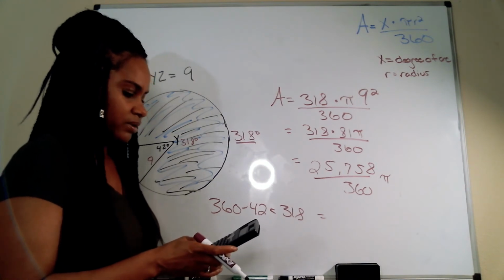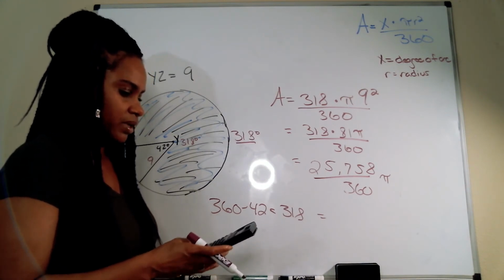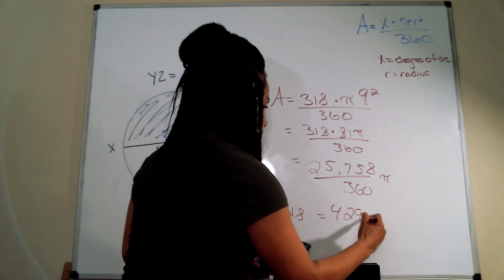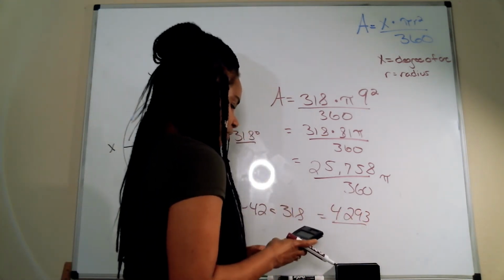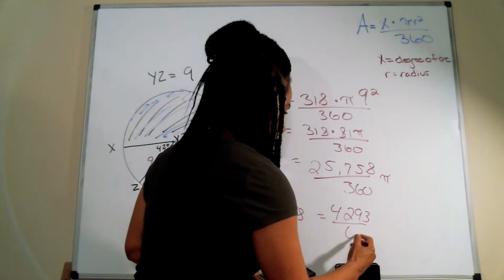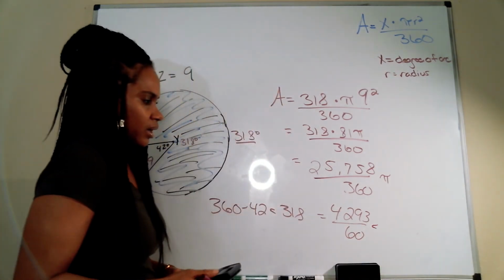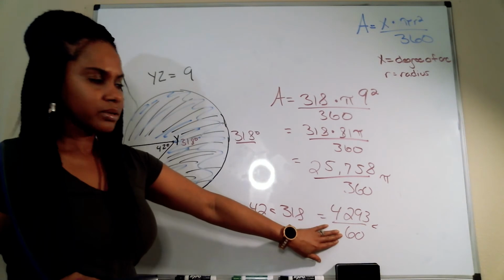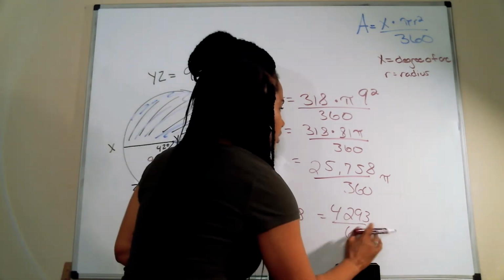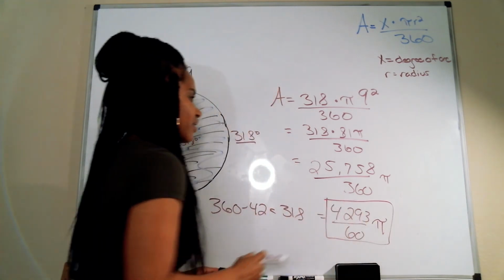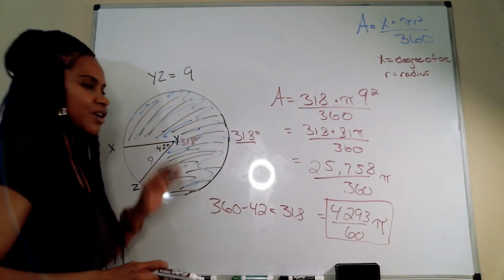So 25,758 divided by 6 is 4,293. 360 divided by 6 is, of course, 60. I always double check. And I don't think they have anything else in common. So I've reduced it. And I just bring my pi down. So I just found the area of this sector of this large portion of the circle.